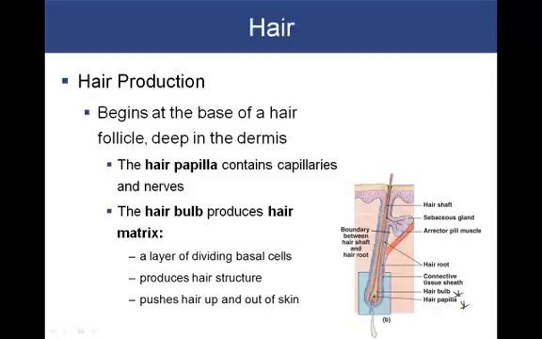The hair bulb is a layer of dividing cells, basal cells, that produce the hair itself. And as hair is being produced, it pushes the hair that has already been produced up and out. And this process will continue throughout much of your life.